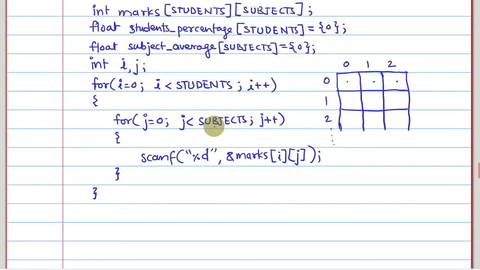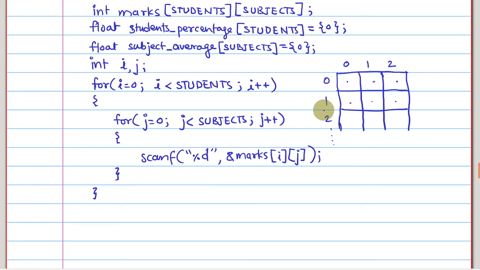Then this condition will fail and it will go to the next iteration of the outer loop, for which this will execute 3 times and will scan marks of 3 subjects for the next student, and so on, right?